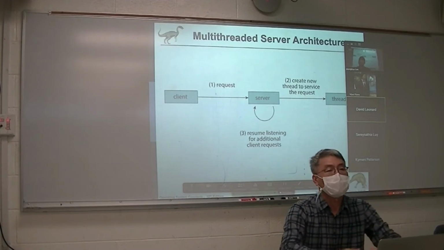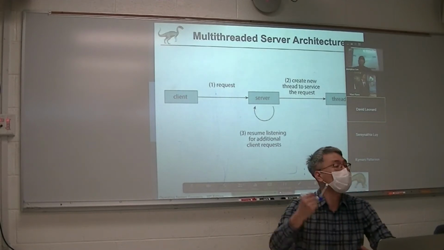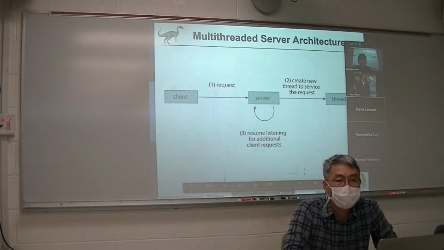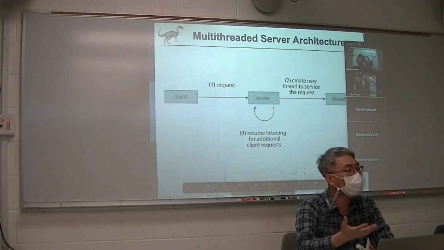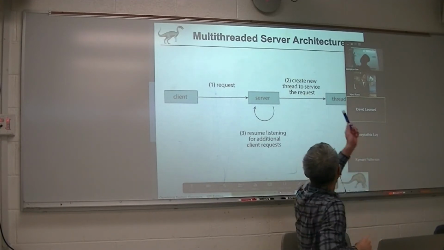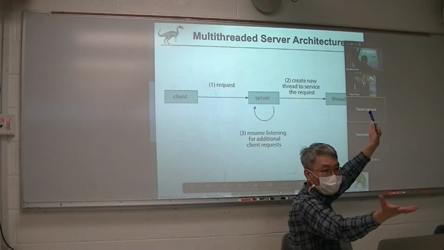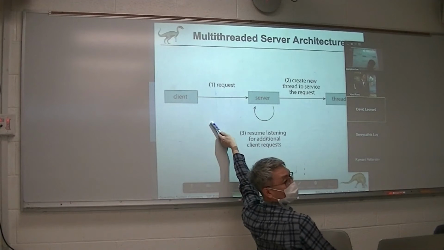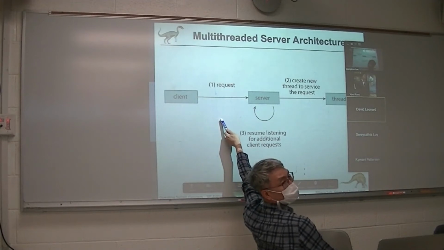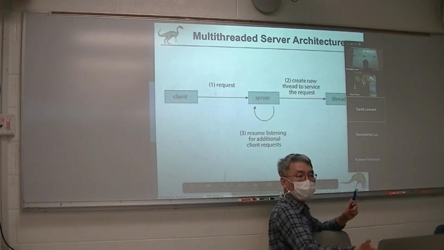Instead, multi-threaded programming can be supported by the multi-threaded server architecture, which means there is a server side that is in charge of creating the thread. That is the multi-threaded server. Then on the user side, the user program that wants to use multi-threaded programming can request to the server, I need a thread.